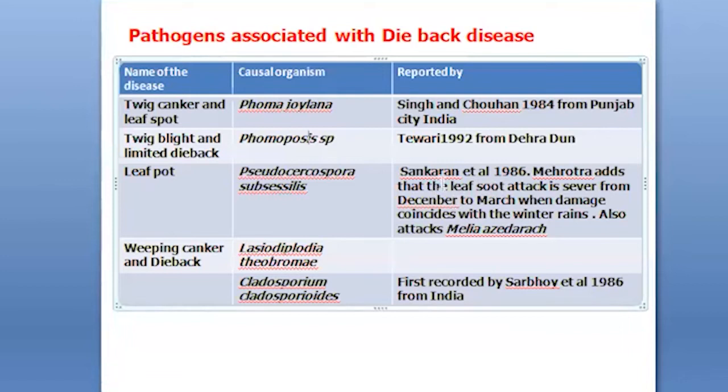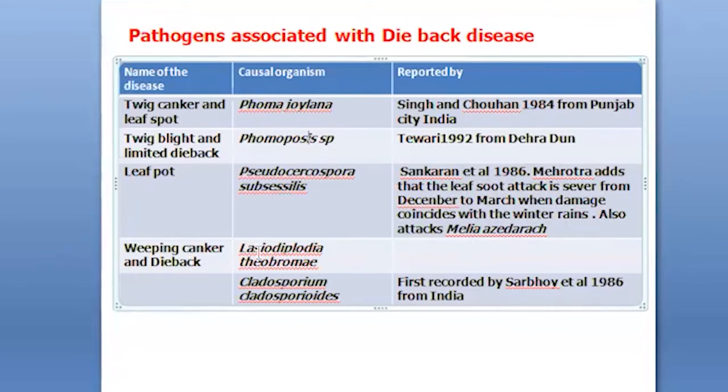This was reported by Shankaran et al. in 1986, and Mehrotra also added it as a leaf spot, which is severe in the month of December to March, when damage coincides with the winter rains. So you can see the different types of climatic patterns where these dieback diseases are occurring.